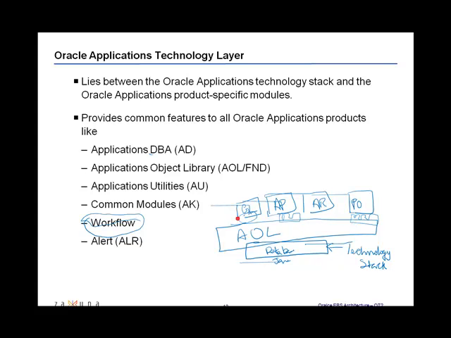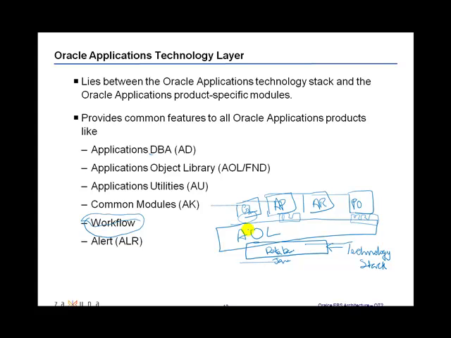Likewise in GL. So if you look at all these three, the GL, AP, and PO, all three modules might have their own implementation of workflow to approve that particular general ledger entry, or that AP invoice that is created, or a purchase order that is created, with its own set of business rules.